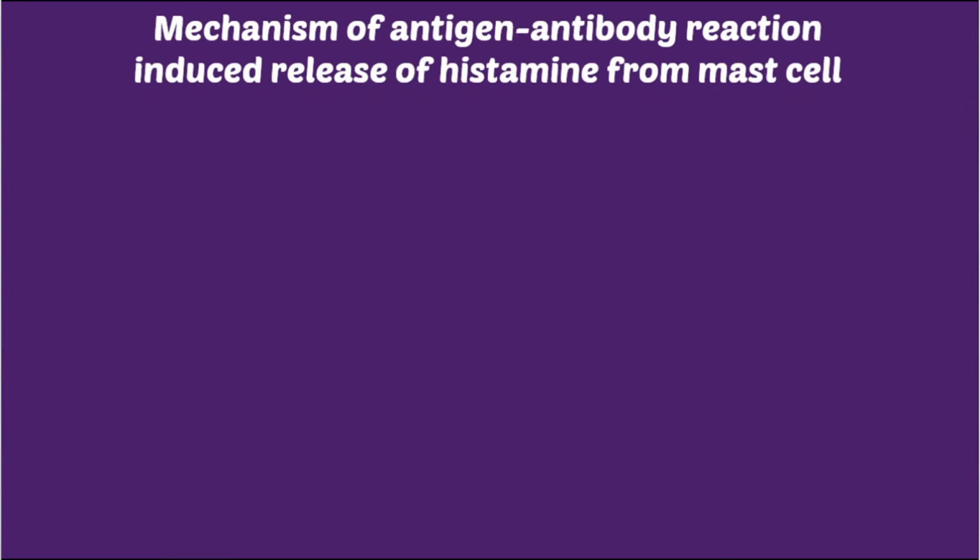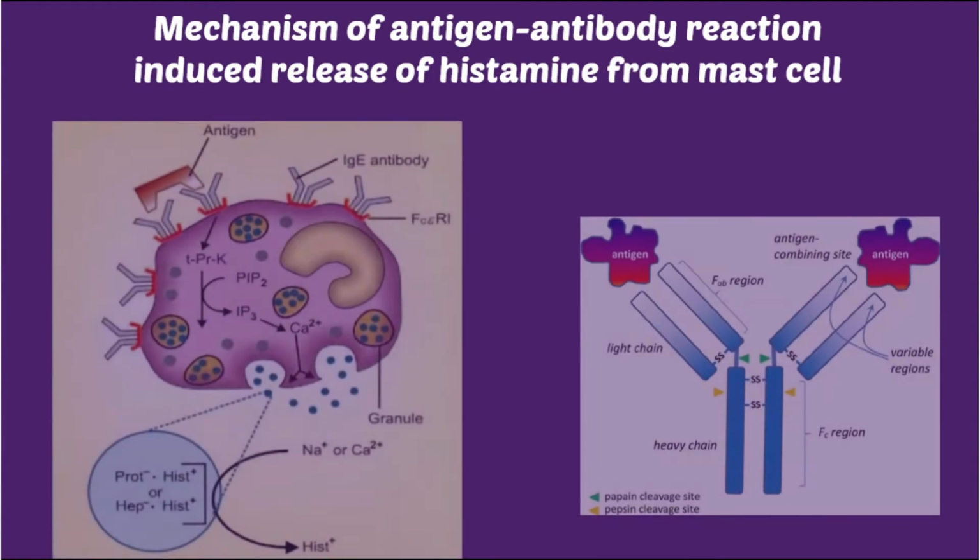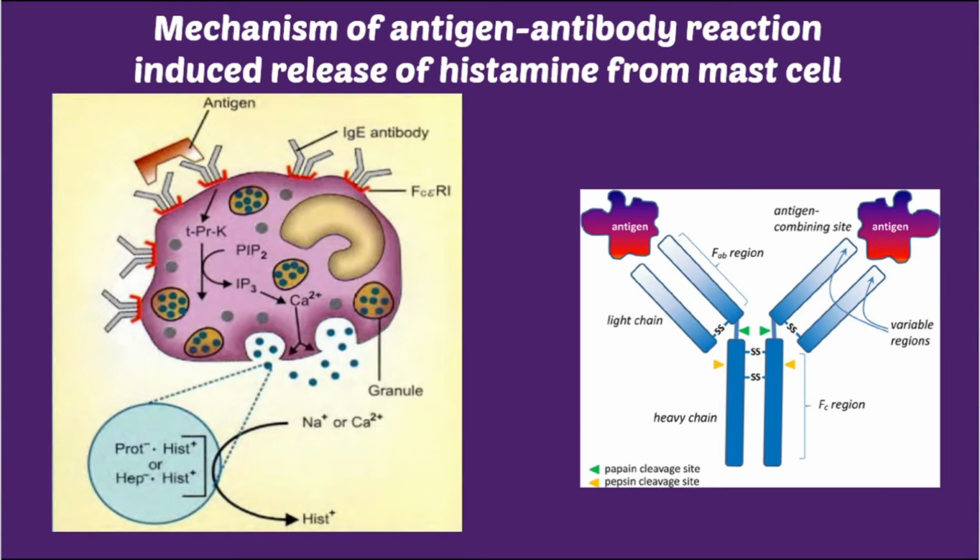Now the mechanism of antigen-antibody reaction induced release of histamine from mast cell. Let's see how this histamine is released. Very first, let's see the structure of the antibody. An antibody generally has two regions.